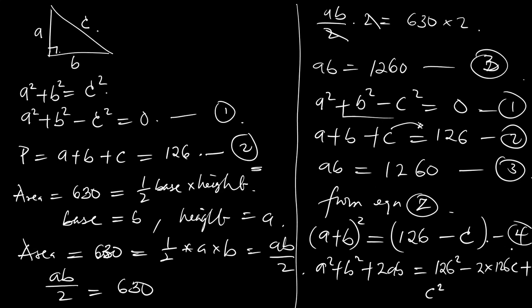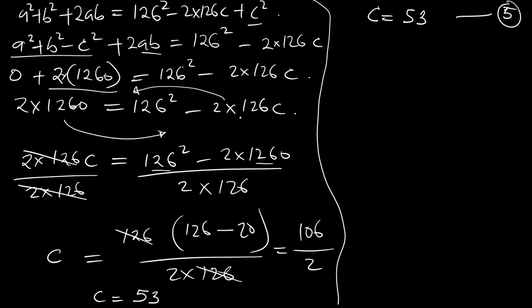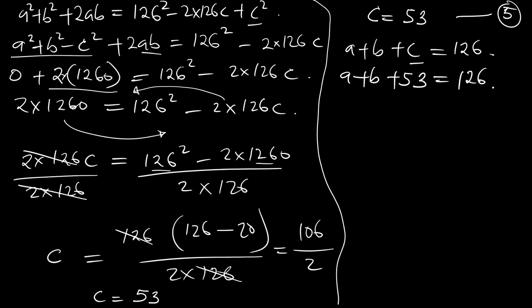Equation 2 is A plus B plus C equal to what? 126. Now anywhere we see C, we replace it with 53. So we have A plus B plus 53 equal to 126. Now if you move this to the other side, you have A plus B is equal to 126 minus 53.